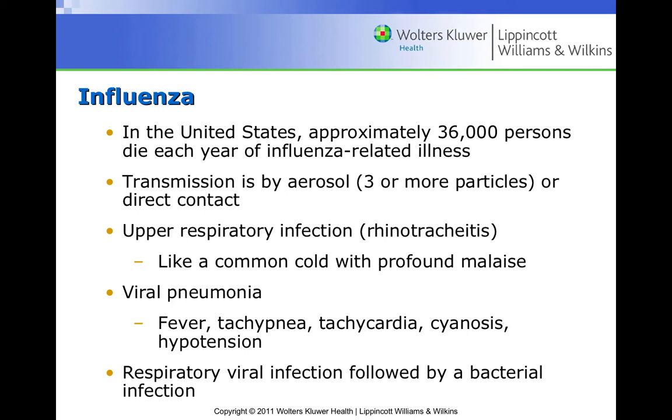The vaccine is only as good as their guess as to what the virus will be. Some years they guess very well, and we have fewer flu outbreaks. Other years, not so well, and we don't prevent the flu outbreaks. Remember, transmission is by aerosol, so that makes it very, very contagious.